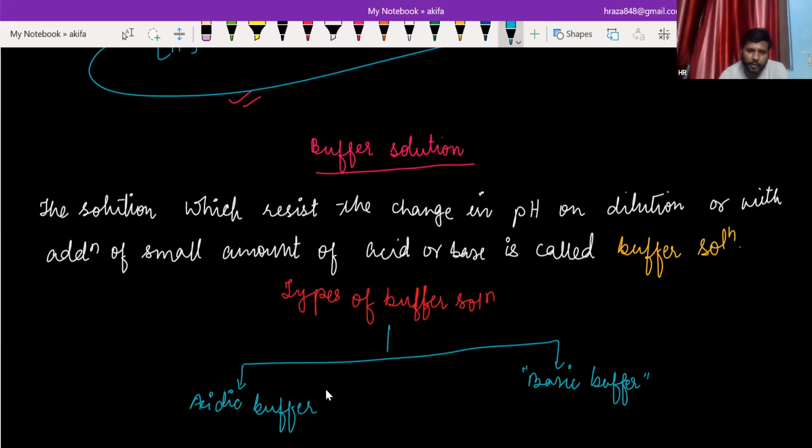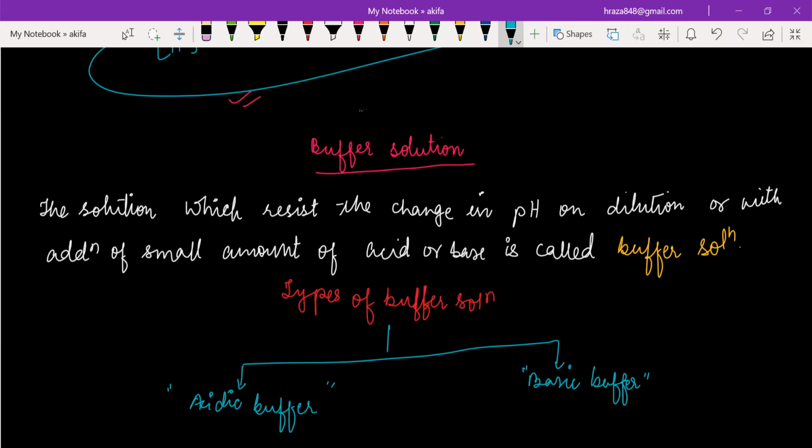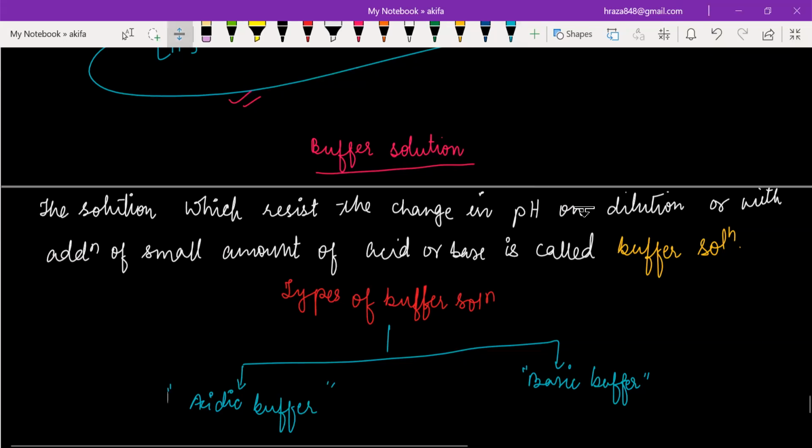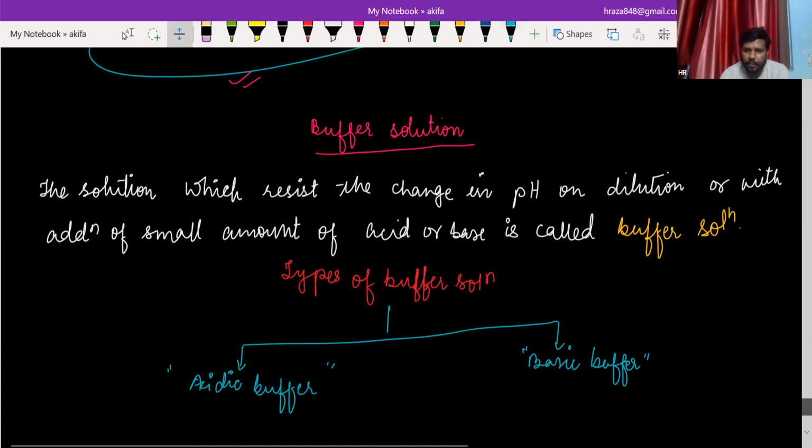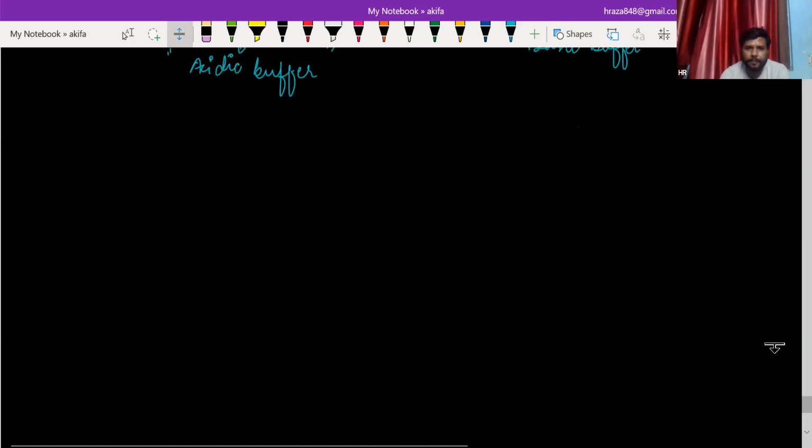Just write it and let me know if you are finished with this. Done. Very good. Types of buffer solution, two types, acidic buffer and basic buffer.